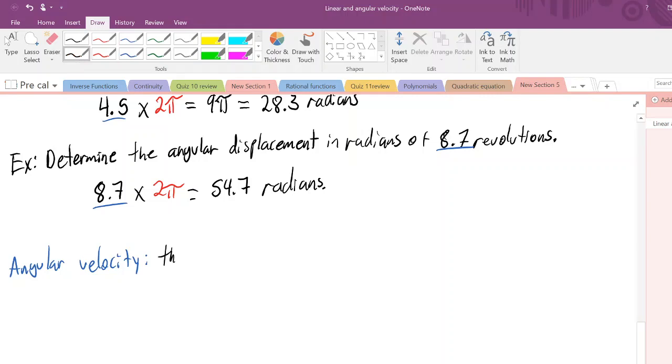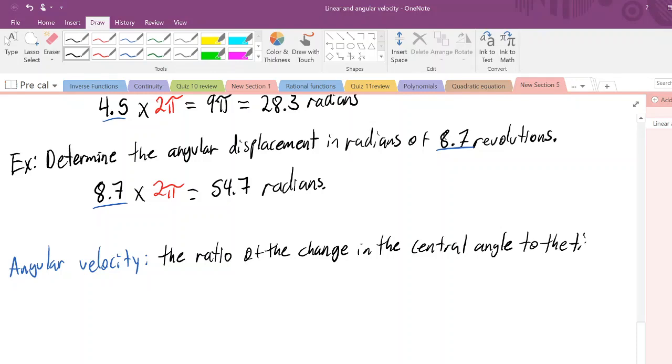It is the ratio of the change in the central angle to the time required for the change.